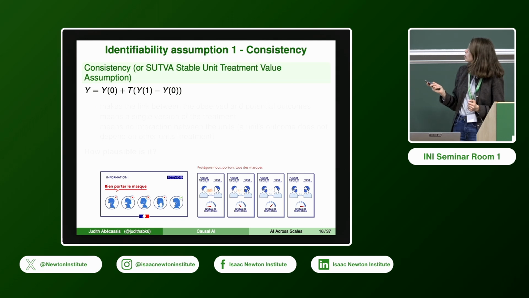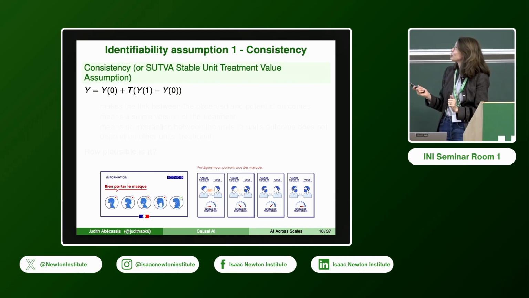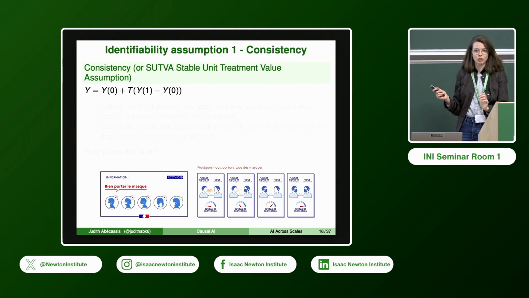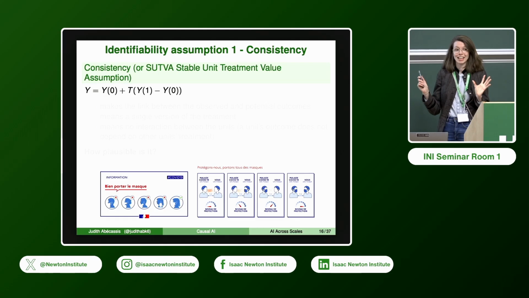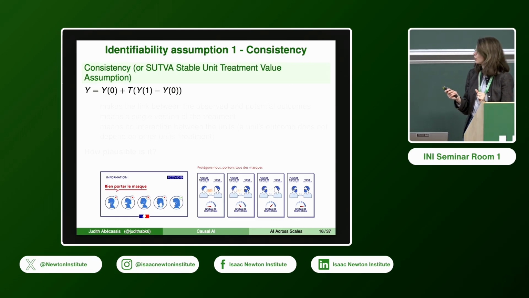Basically it states, if you look at different values for T, that it's the potential outcome without the treatment if the unit doesn't have the treatment, and the potential outcome with the treatment if the unit has the treatment. So it really links together the potential outcomes and the observed outcomes. Otherwise, there is no guarantee that they are linked together.